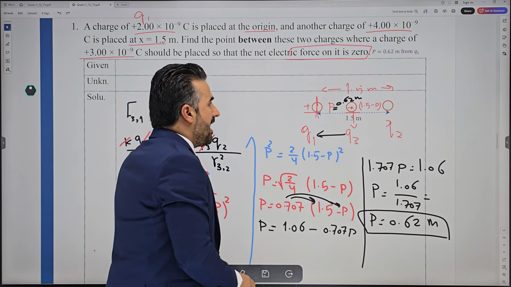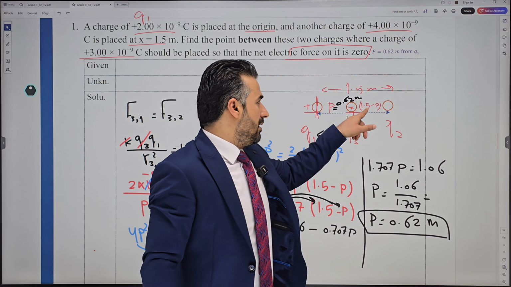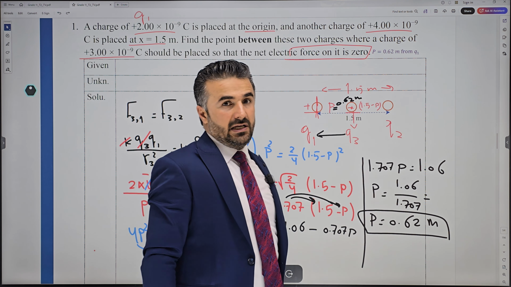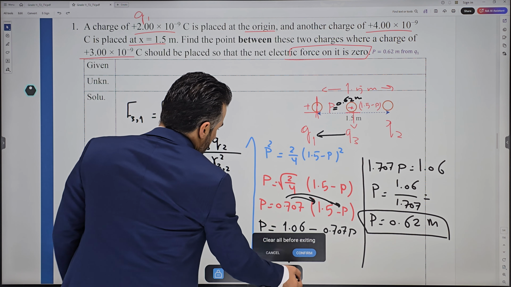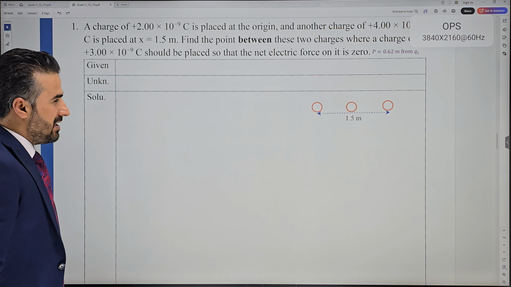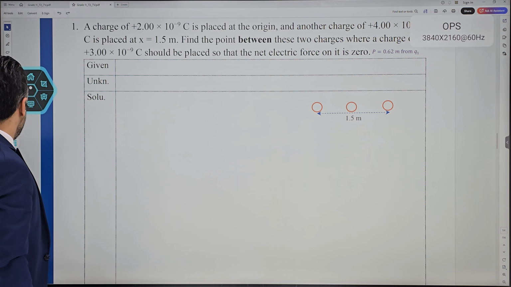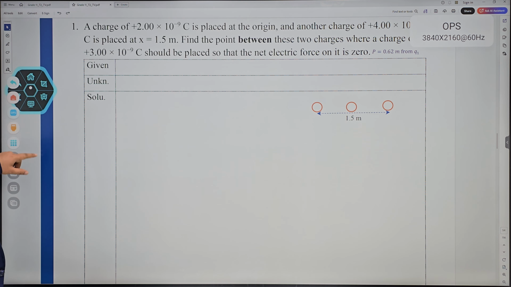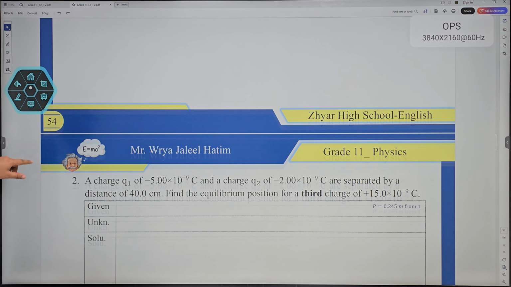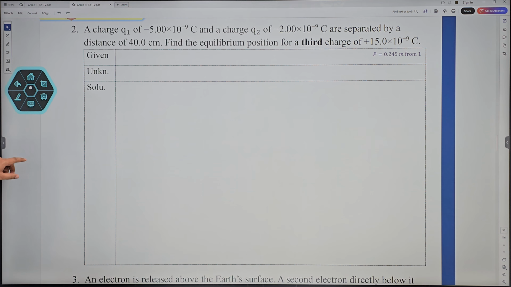Then you can find 1.5 minus P. This is how easy it is. You just set up the steps, and the rest is simple math. It might seem a bit complicated, but it's nothing special.